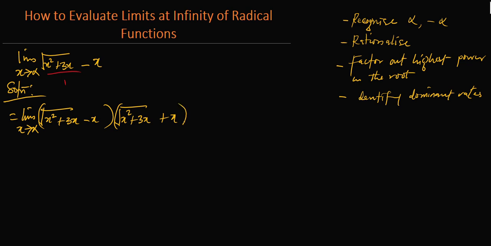Remember, for the conjugate, you just flip the sign between the terms. Now all over the conjugate, which is root x squared plus 3x plus x.